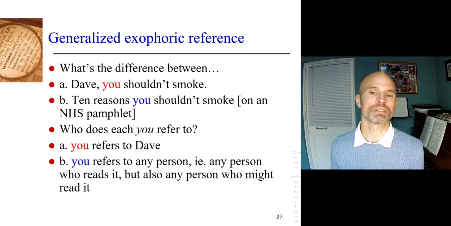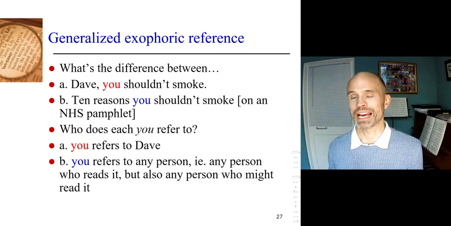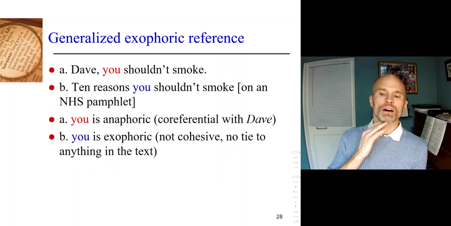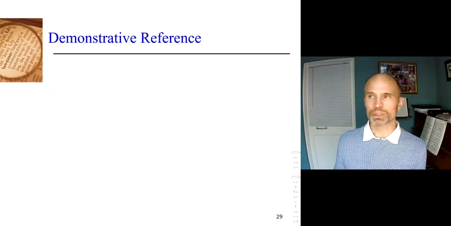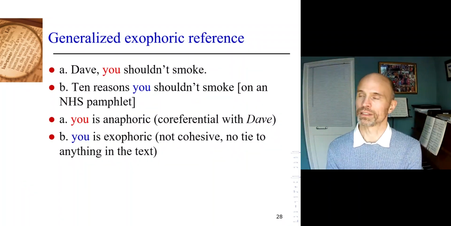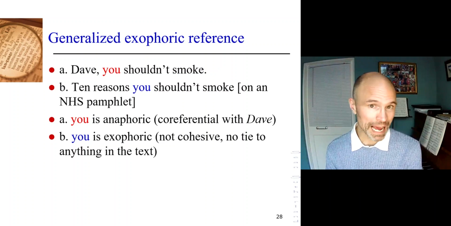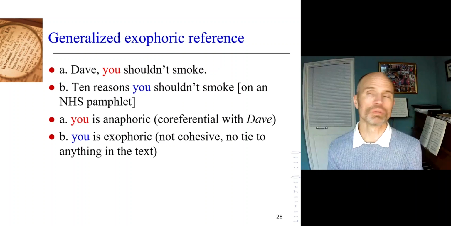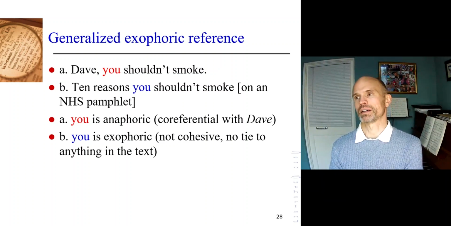Blue "you" is a generalized exophoric reference that refers to anyone generally. You can think of other examples of that. You know, "one never knows what might happen," "one" there is a general reference. Who? No one knows what's going to happen, right?